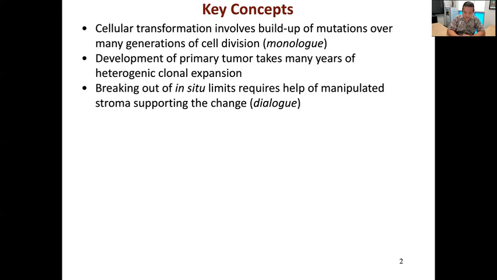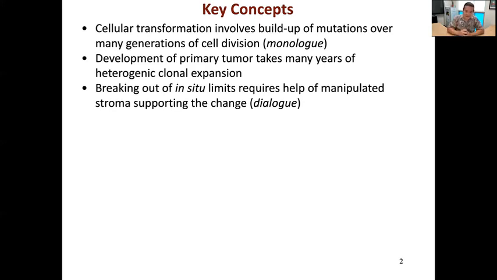We also learned that for that tumor, once it reaches a certain size, to overcome different limitations imposed upon it by its size, including the ability to break out of its in situ physical boundaries like a basement membrane, requires the help of a manipulated stroma surrounding it that's supporting the change.